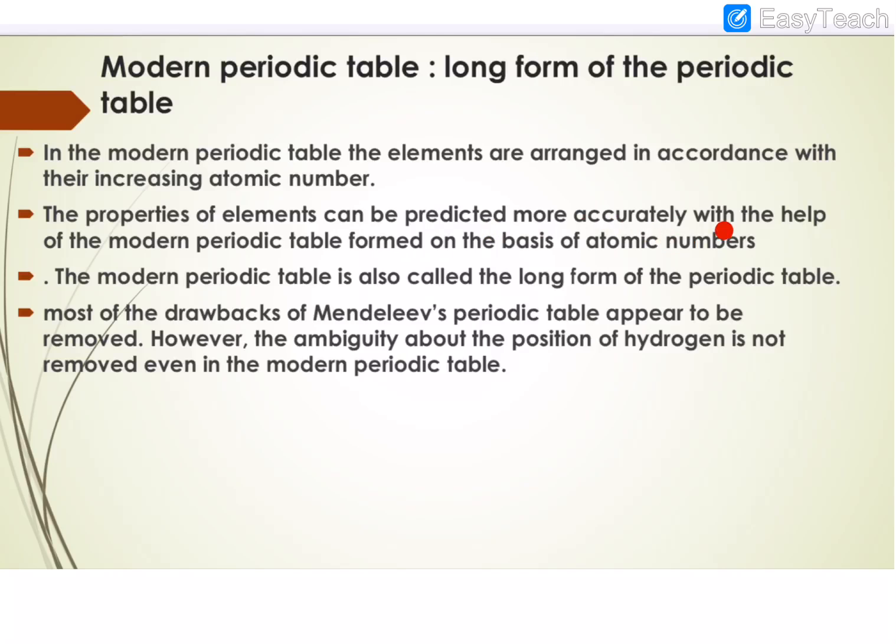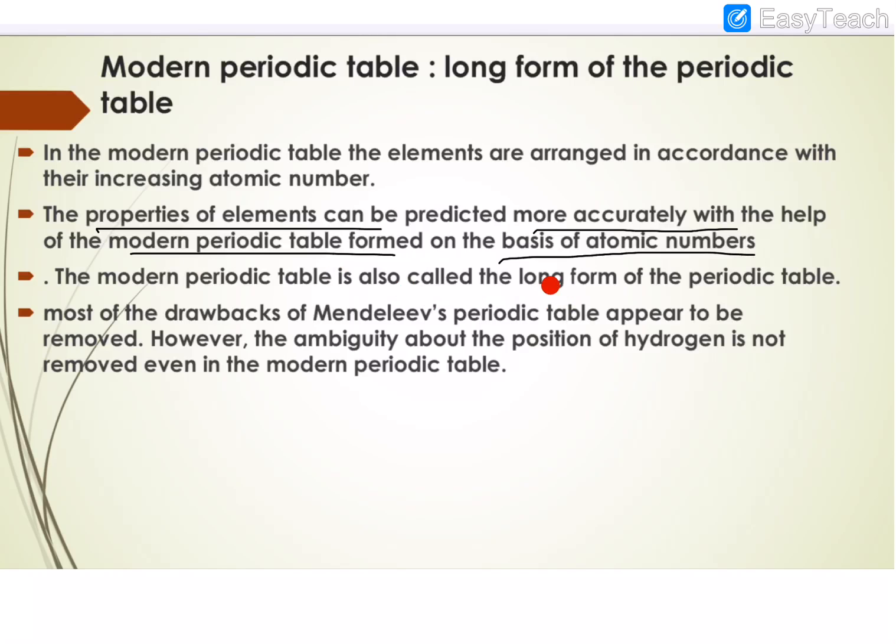Properties of elements can be predicted more accurately with the help of the modern periodic table, which is formed on the basis of atomic number. So now we can predict the properties of elements more correctly because it is formed on the basis of atomic number.